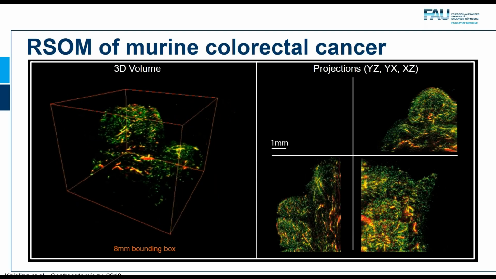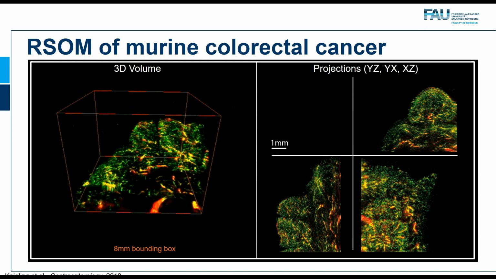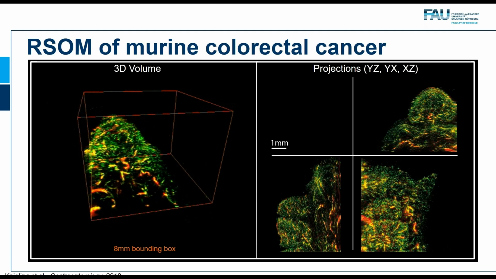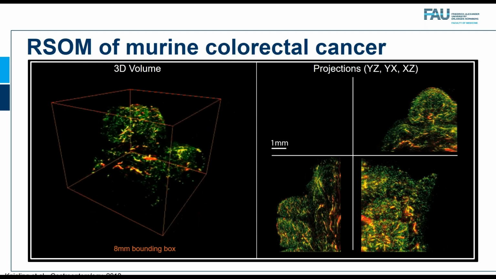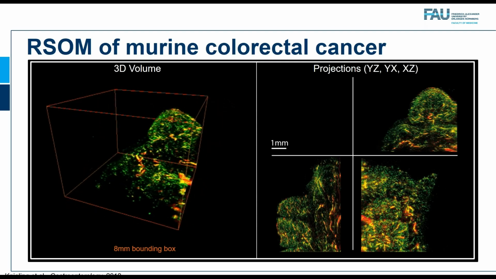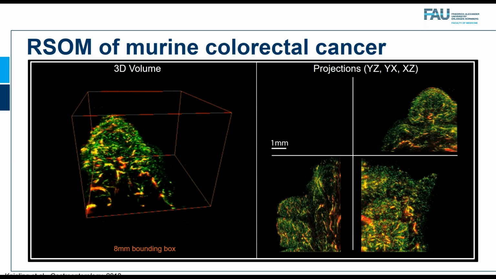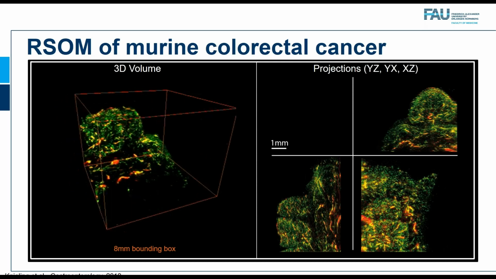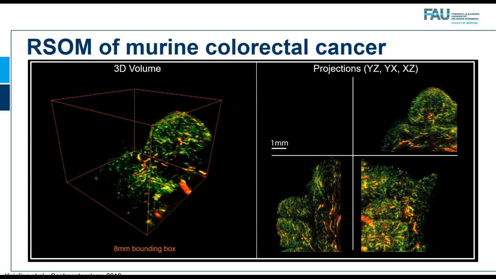This could also be readily usable in a clinical context, although this is quite far away at the moment, because the system that we are using is a benchtop system that cannot be used endoscopically. But we hope that the developments will move on and we can use such an approach at some time also in vivo during endoscopy.